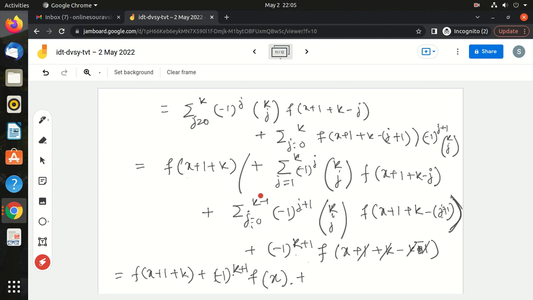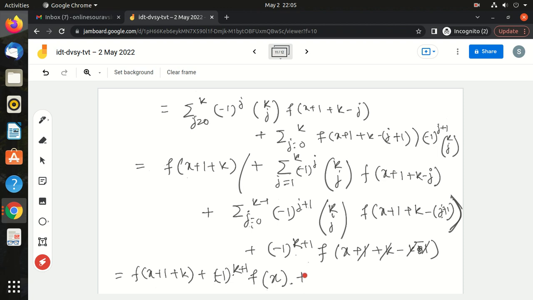So j equal to 0 to k minus 1, (-1)^(j+1), I kept it as it is. Now I put j equal to k. If you put j equal to k here, you get (-1)^k, k choose k is 1, and f of x plus 1 plus k minus k plus 1. So minus k minus 1. These things get cancelled, and you get this.